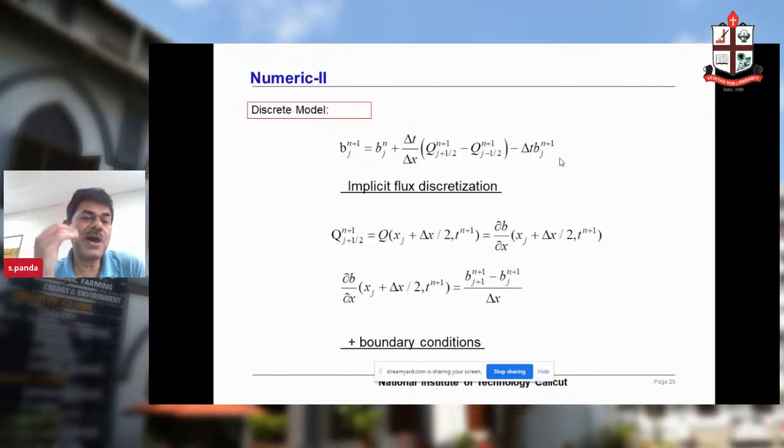So if I discretize my model, it is very simple. I have, at n plus 1, I am looking for my solution. So I know the solution at my previous step n. So it is an explicit part. But you know this flux quantity. So bacteria fluxes. The flux means the bacteria are going from a smaller region to the higher region.